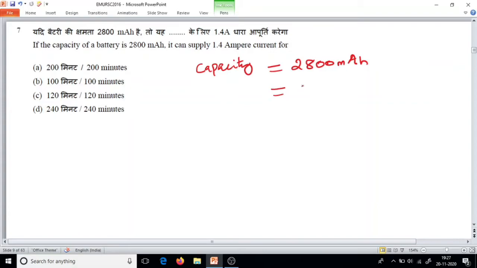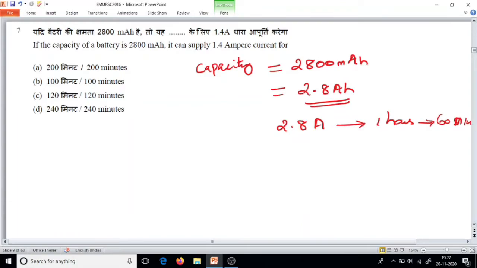This is equal to what? If you divide by 1000, we will get in ampere hour, 2.8 Ah. So the battery is 2.8 Ah. That means 2.8 amps it can supply for 1 hour, which is equal to 60 minutes. So 2.8 amps the battery can supply for 60 minutes.